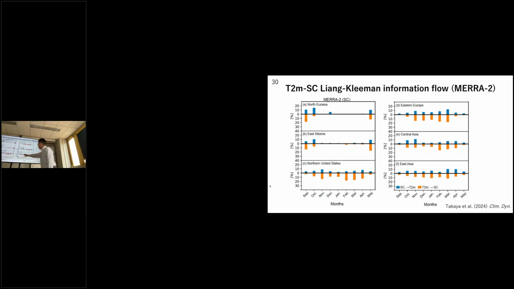Blue indicates the normalized causality from snow cover to 2-meter temperature, and red is causality from 2-meter temperature to snow cover. Again, we see the two-way interaction over most regions. But probably we are more interested in the blue bars that indicate the snow influence on 2-meter temperature.